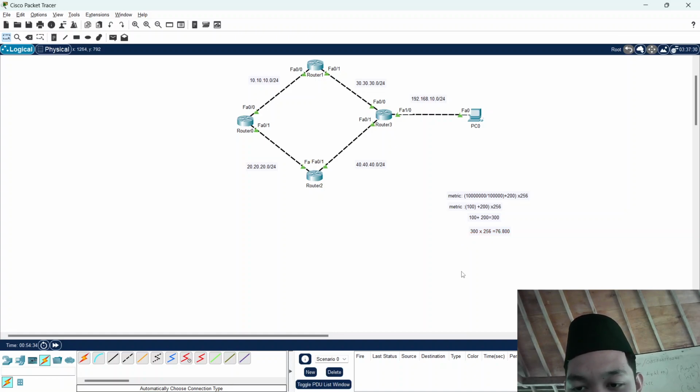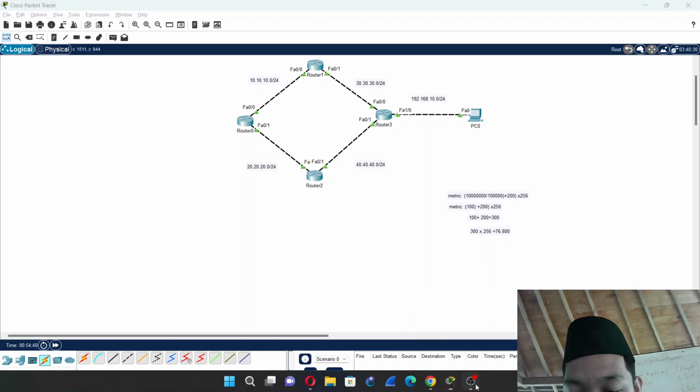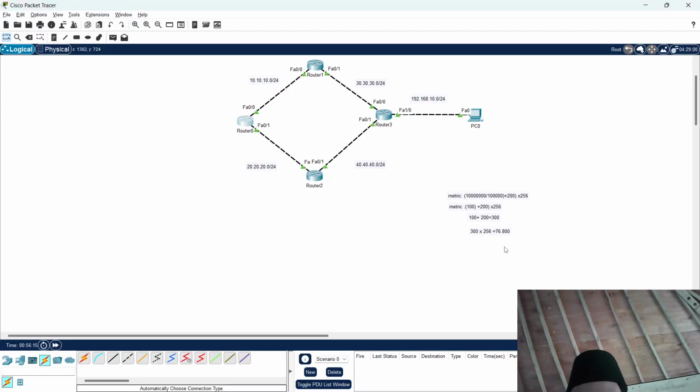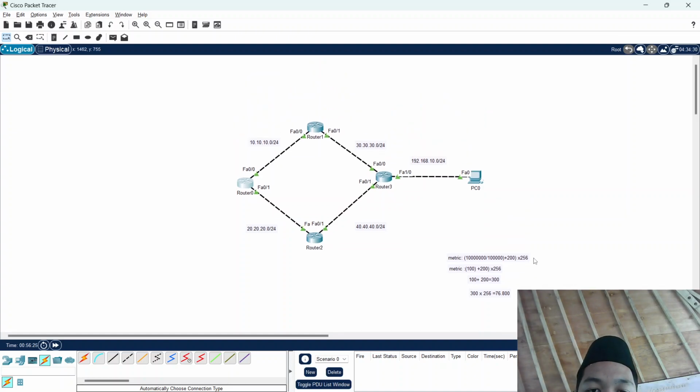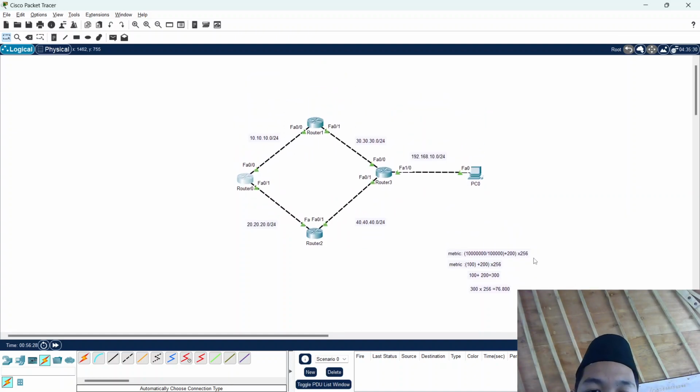Okay, so the metric from this one is 7,600. Okay, this is the metric, 76100, this metric. Okay, the next configuration is how to redistribute EIGRP to OSPF.